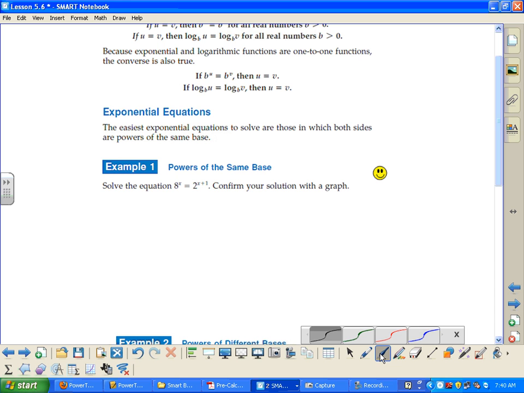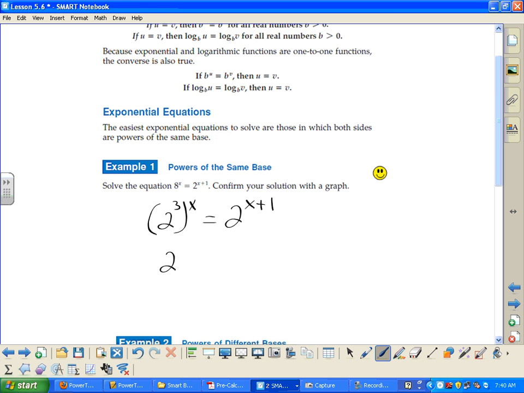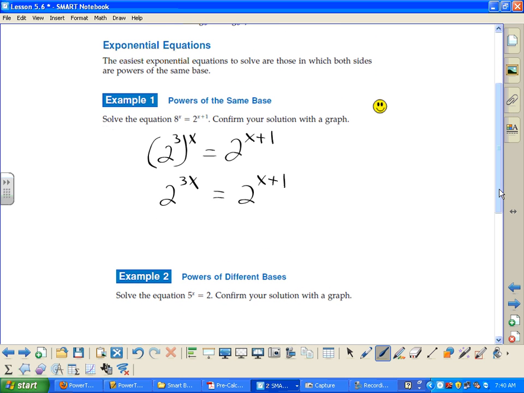I can say that 8 is 2 to the third power, and then I raise that to the power of x, and I have 2 to the x plus 1. Using the property of exponents, this becomes 2 to the 3x power, because I multiply the 3 and the x, and that equals 2 raised to the power of x plus 1. Now, since I have the same base, I can set the exponents equal to each other.